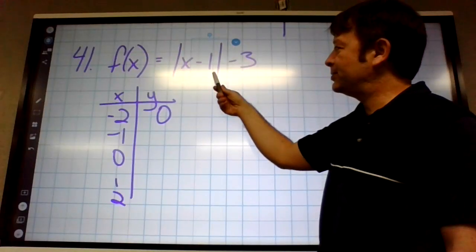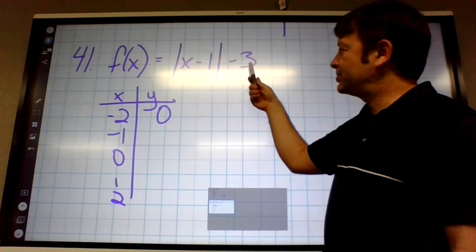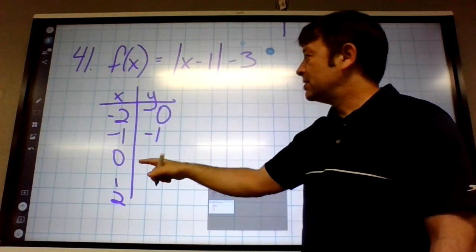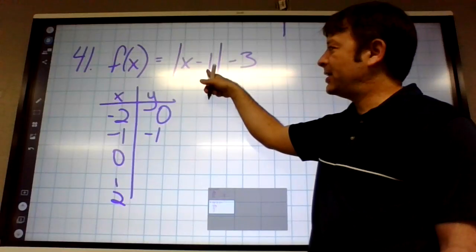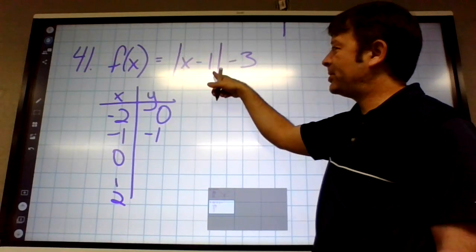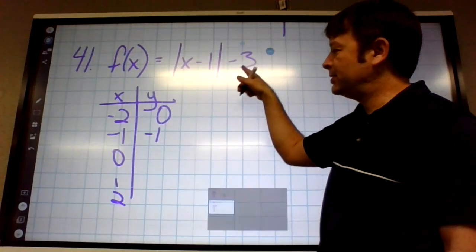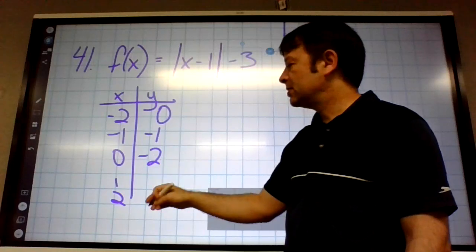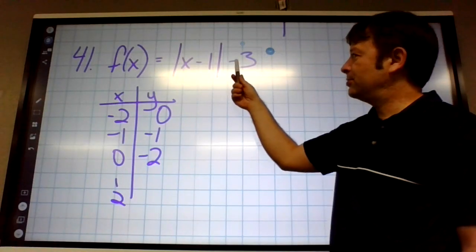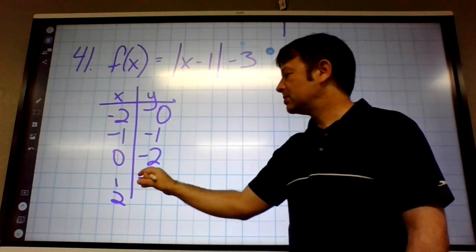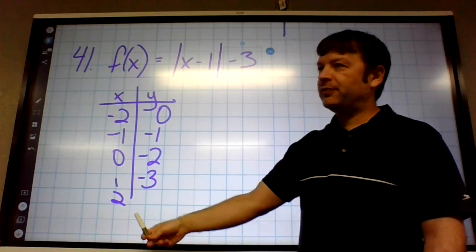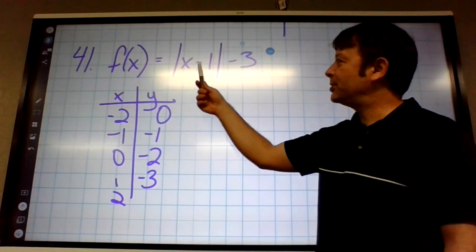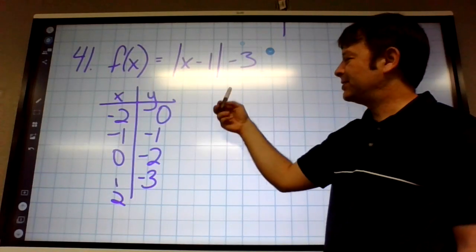Absolute value of -2 is 2, minus 3. 0 minus 1 is -1, becomes +1, minus 3. 1 minus 1 is 0, minus 3. 2 minus 1 is 1, minus 3.